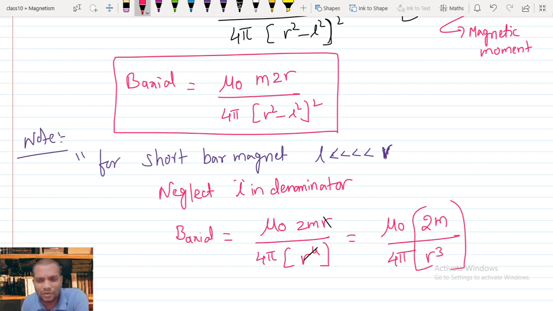Don't cut the 2 and 4 here, let it be, it's easier to understand.